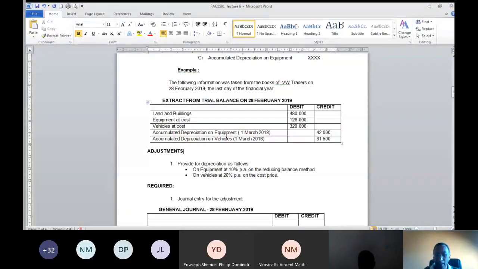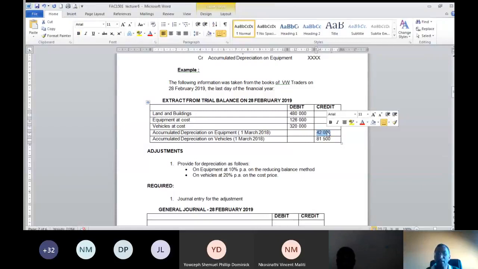That means that prior to the 1st of March 2018, we have written off already 42,000 Rand. Depreciation has been written off for the period that we had the equipment, 42,000 Rand. And vehicles, 81,500 has been written off already.